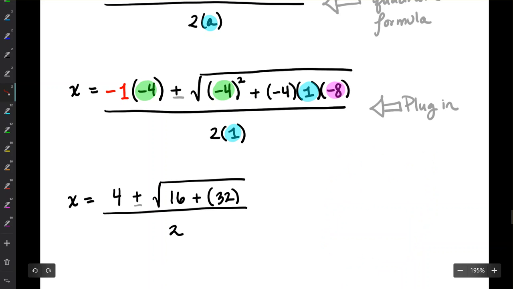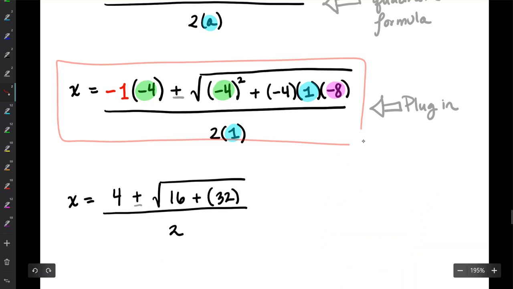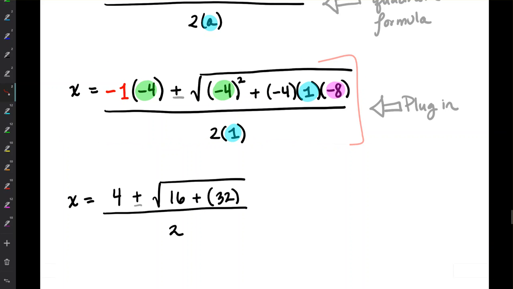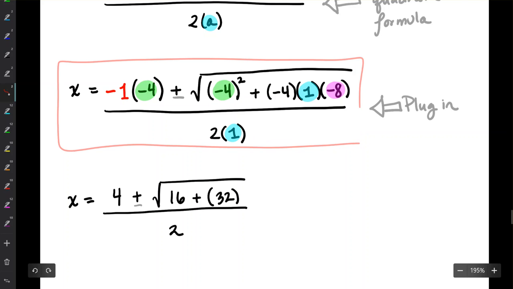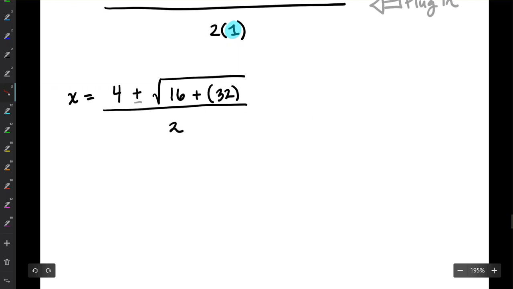When you get really comfortable with this formula, you won't do this. When I plug in, I just go for it because I know how to read those operations, but it just takes a ton of practice. So this is my recommendation for you. Okay? So now we're almost there.